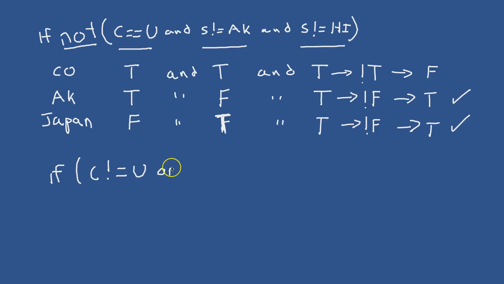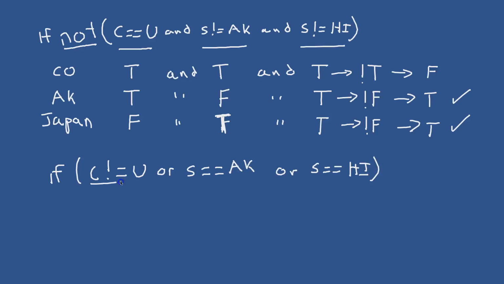And some of this is just sort of a law that you apply, like and becomes or. I'm not sure that makes sense necessarily, at least to me. But not equal becomes equal. And or equivalence becomes not equivalent. And then, okay, the state is equal to Hawaii. I think this one is a little easier to wrap your brain around.